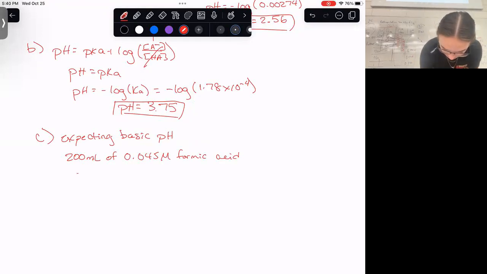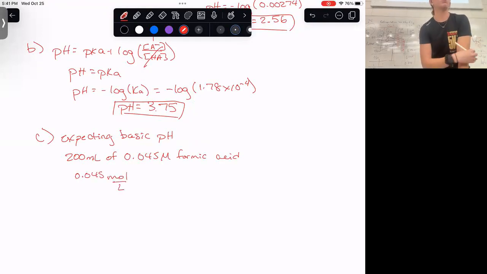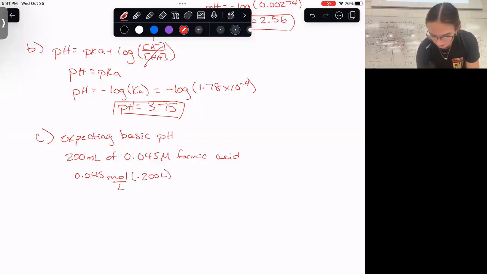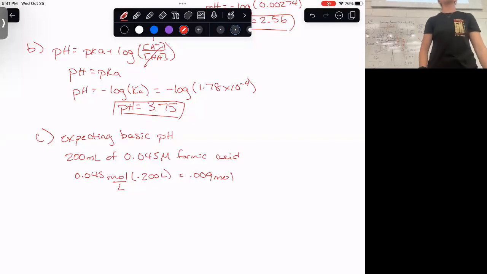We're going to take 0.045 moles over liter, because that's molarity, times 0.2 liters, because that is 200 milliliters in liters. And we end up with 0.009 moles. Which means we also have 0.009 moles of the sodium hydroxide that we added.